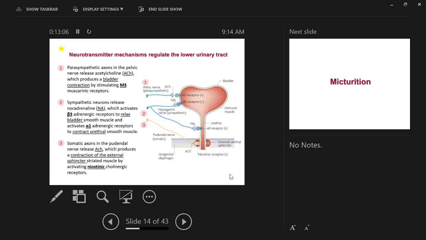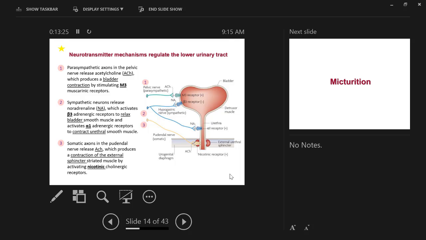It says plus, so this stimulation causes contraction of urethral smooth muscle cells.